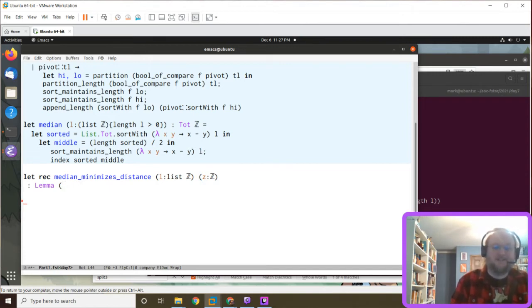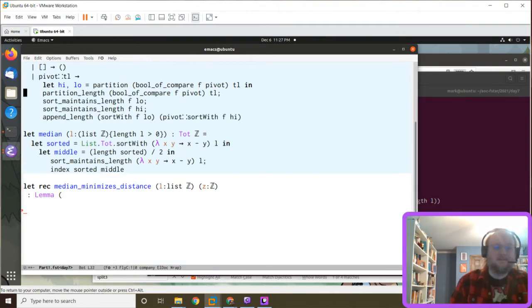So we want to say whatever z is, the summed distance to z is less than or equal to the summed distance to L median L. Right, so if we had proved that, that would prove the correctness of our solution.